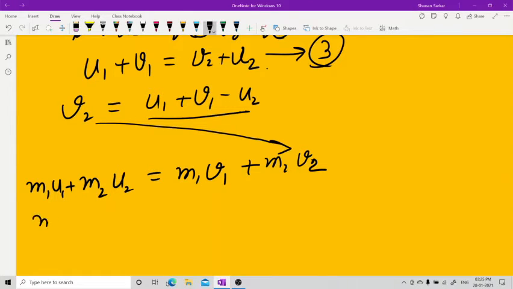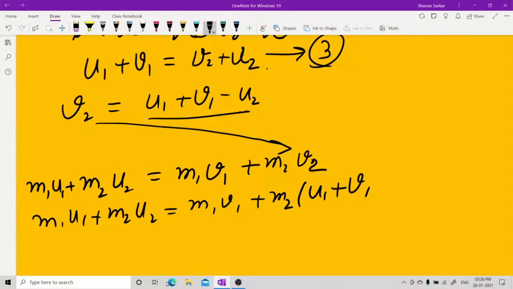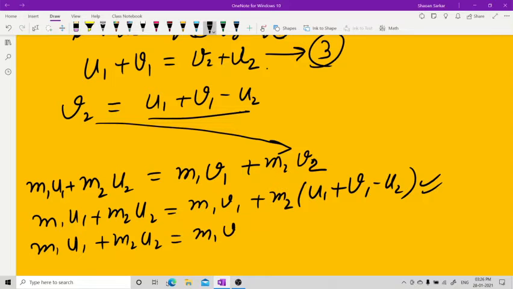Now see what happens. m1 u1 plus m2 u2 equal to m1 v1 plus m2 times, now you have u1 plus v1 minus u2. Open up this bracket. m1 u1 plus m2 u2 is equal to m1 v1 plus m2 u1 plus m2 v1 minus m2 u2. You have this.